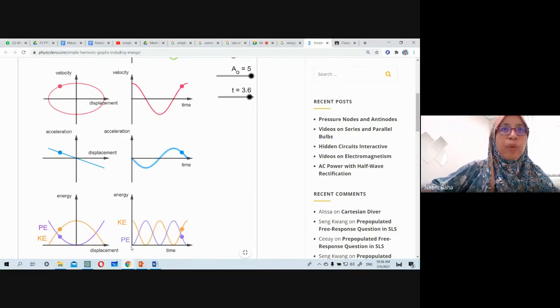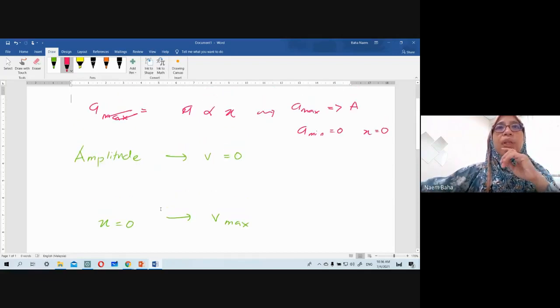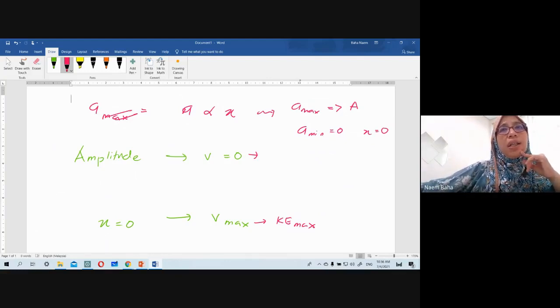Now that we are there, the kinetic energy is maximum at displacement 0, at equilibrium, while at the amplitude the kinetic energy will be minimum because the velocity is 0, or speed 0.